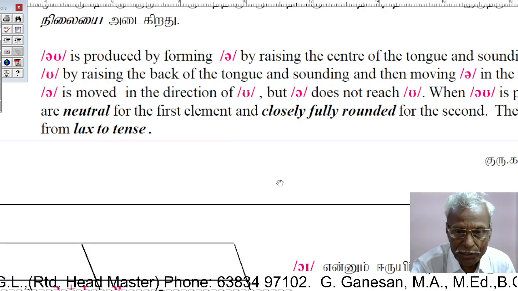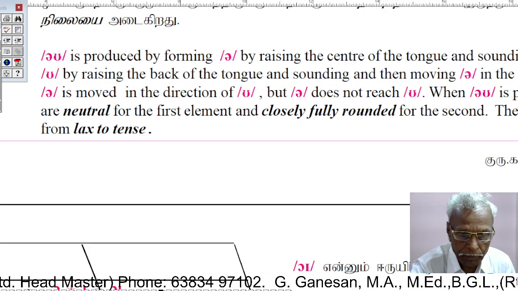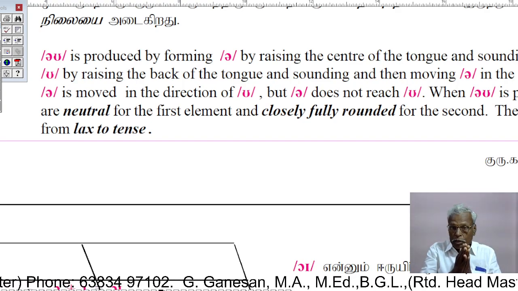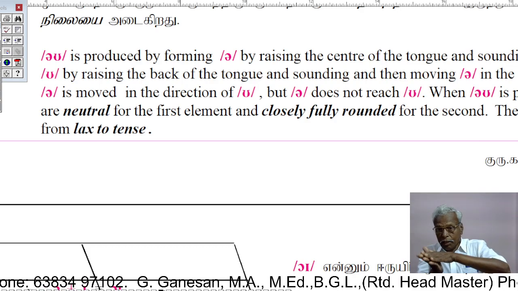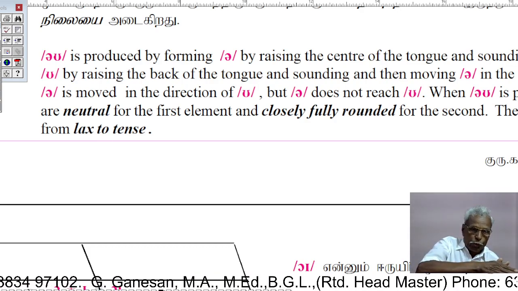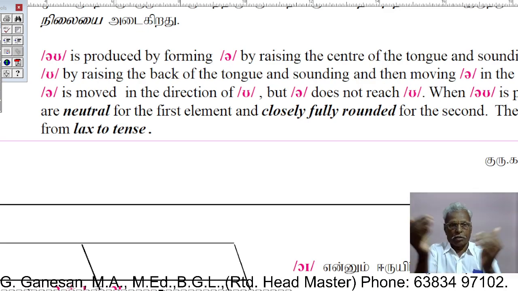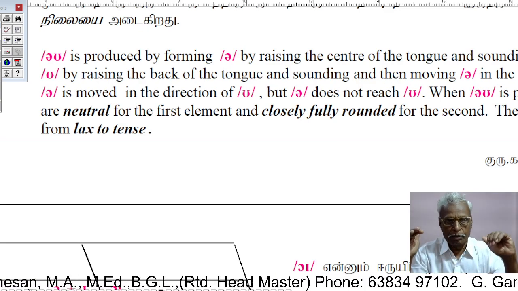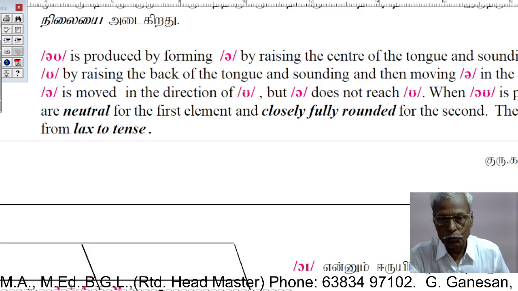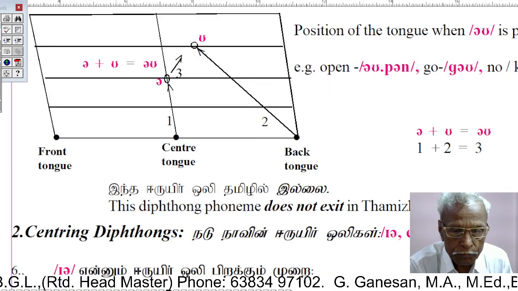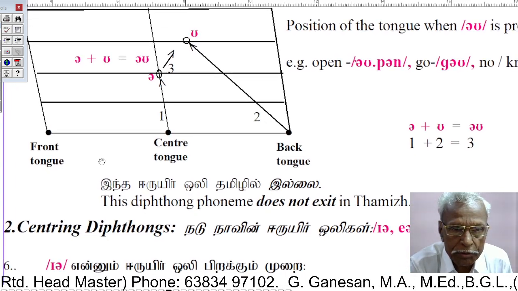Let us see the diagram. It is produced by forming A by raising the center of the tongue and sounding, and producing U by raising the back of the tongue and sounding, and then moving A in the direction of U. Let us see the picture.